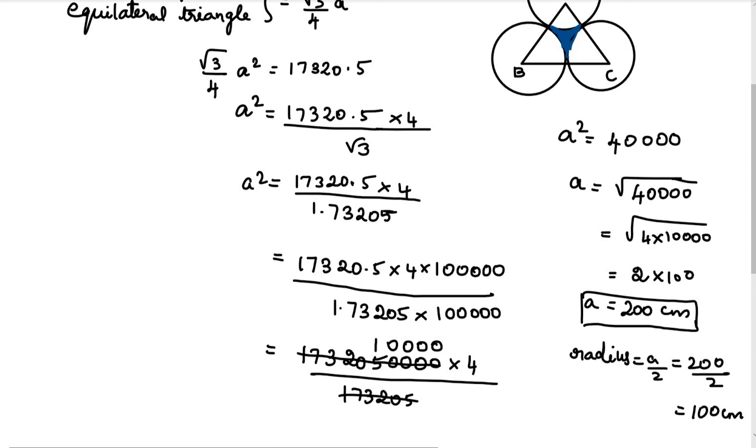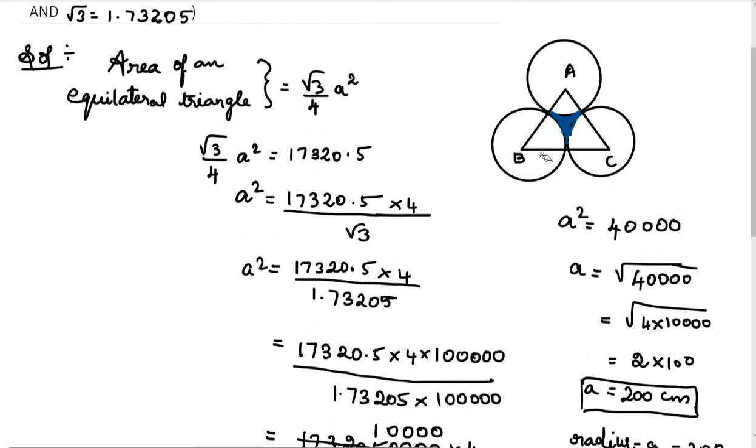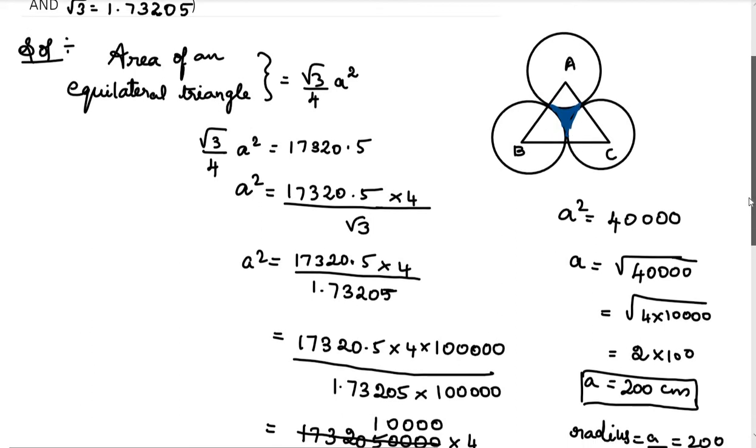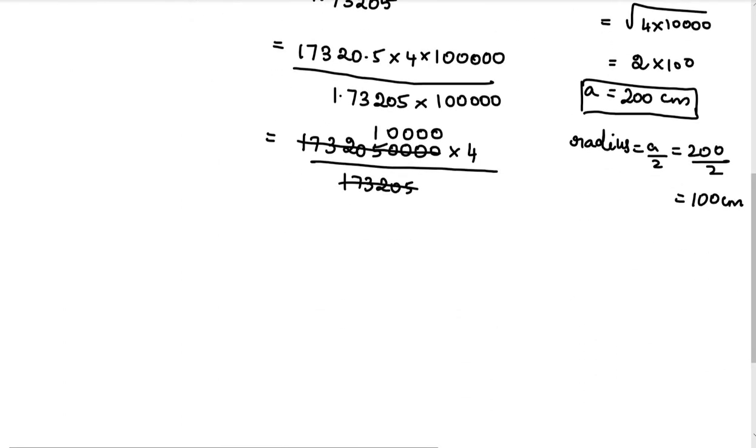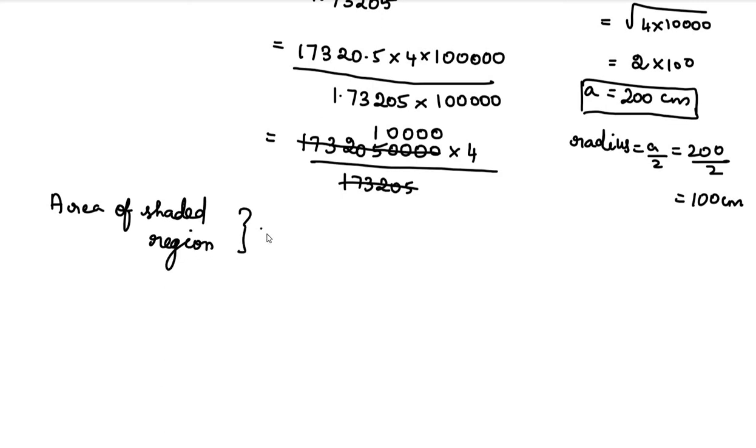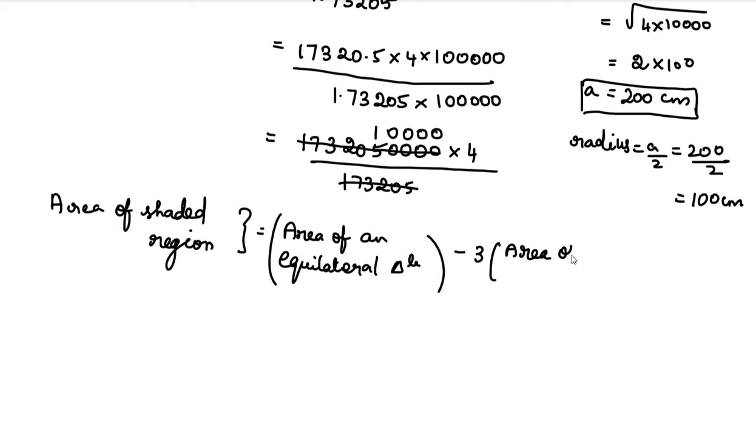Area of the shaded region is equal to area of the equilateral triangle minus 3 times the area of a minor sector.